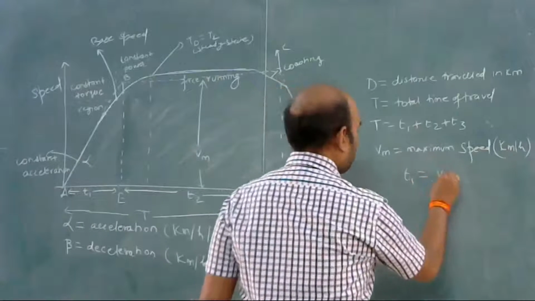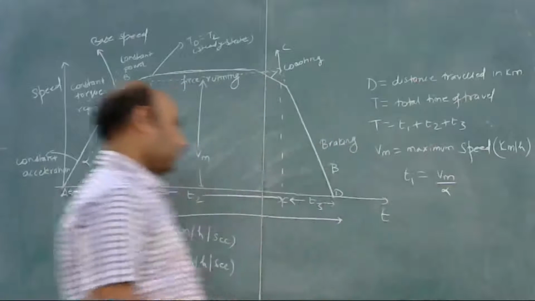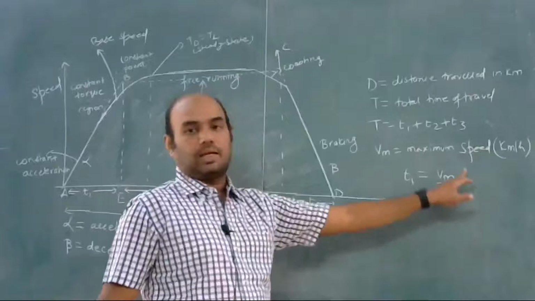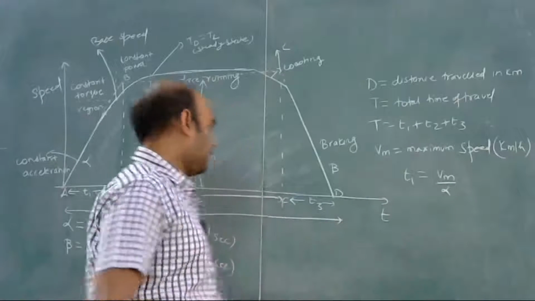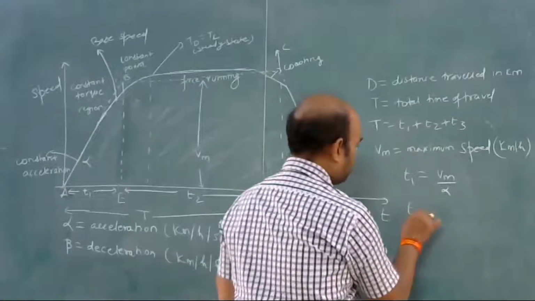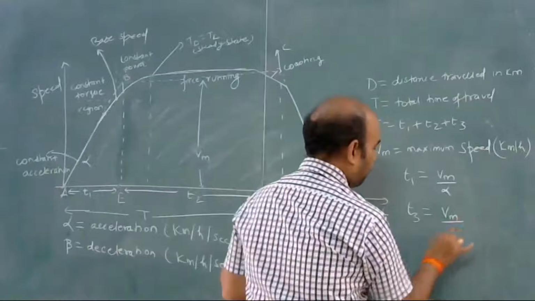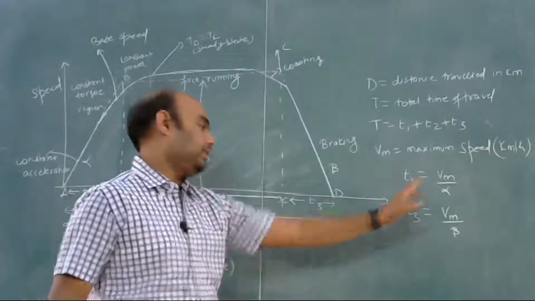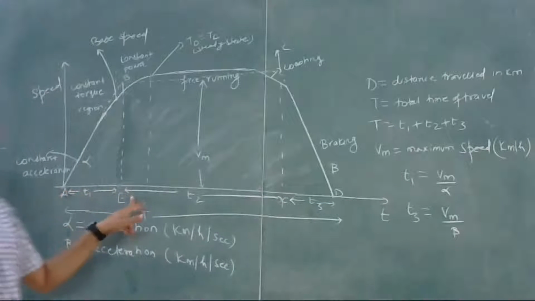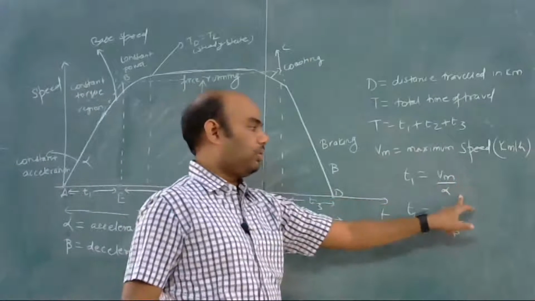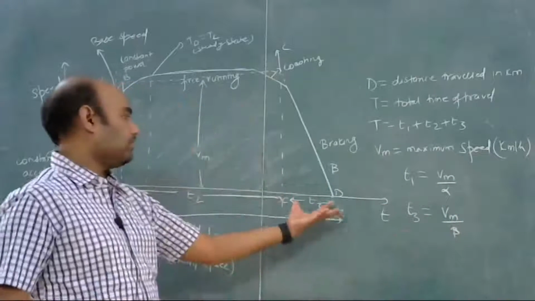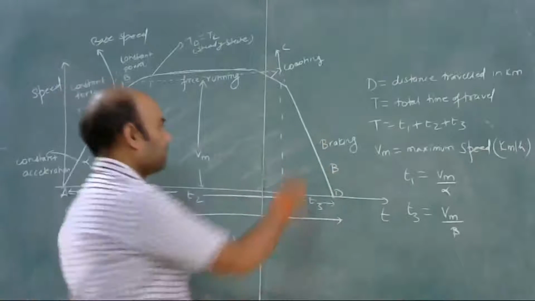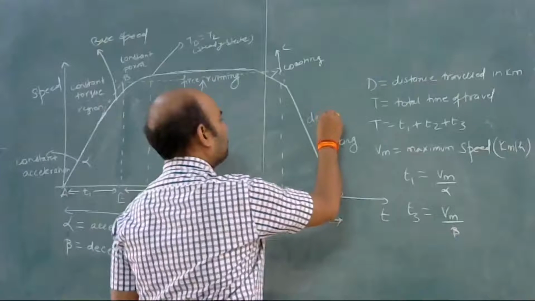Okay, so T1 can be calculated. T1 will be equal to Vm upon alpha. Okay, so the expression is velocity divided by acceleration, speed divided by acceleration. Okay, and similarly T3 is for deceleration, so this will be Vm upon beta. Okay, so the time period for acceleration will be equal to speed upon acceleration, and this is the time which is referred to for deceleration or braking.